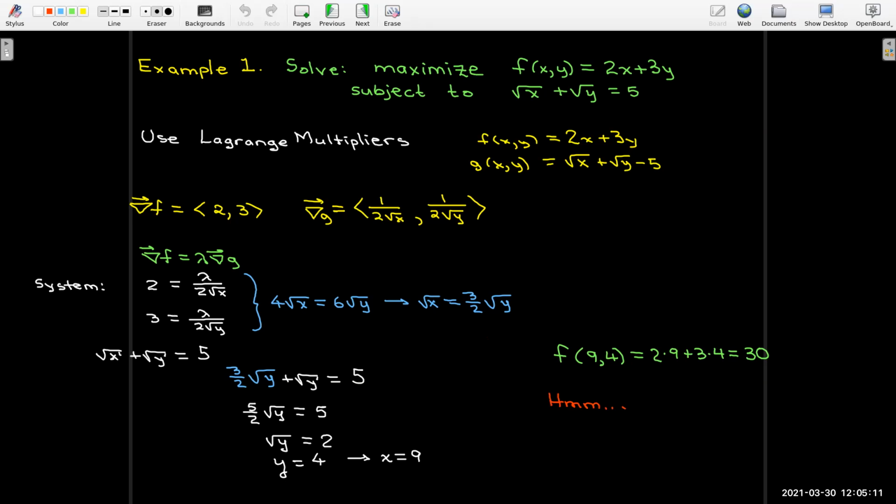I know that another feasible solution would be, instead of x equals 9 and y equals 4, I could also have x equals 4 and y equals 9, and that gives me a bigger value. So that can't be a maximum. I know I checked all my work, so what went wrong? Why did I not get a max value? And what is the max value?